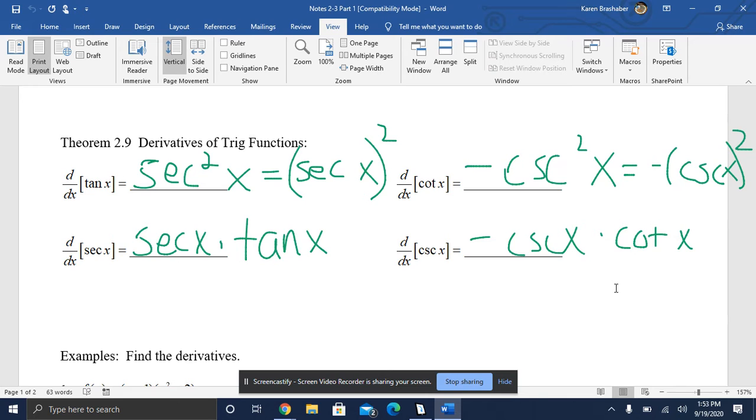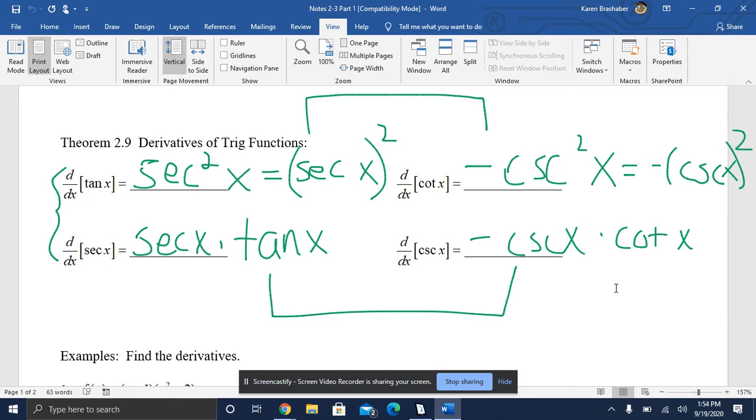So you've got those four rules, and if you'll notice, the tangent and the cotangent are very similar to each other, and the secant and the cosecant are very similar to each other. So if you can memorize particularly these two, then just think about the other two being co's.